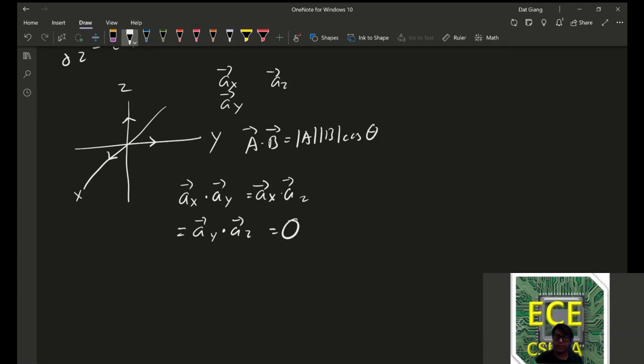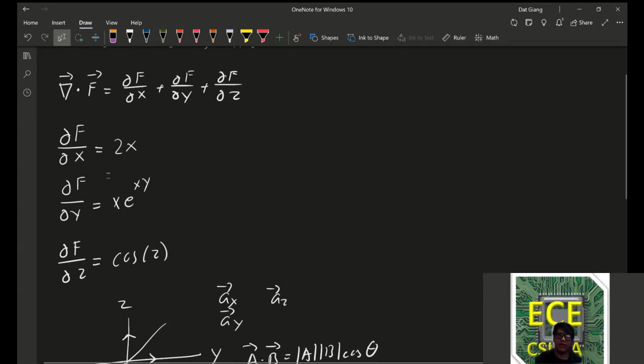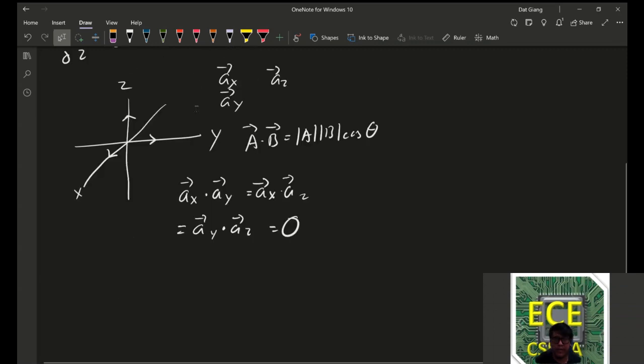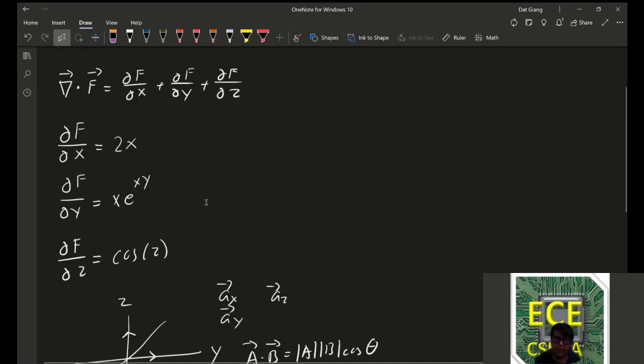So that's why, if you were wondering why we only compute the partial derivative in that direction, it's because of the properties of the dot product.